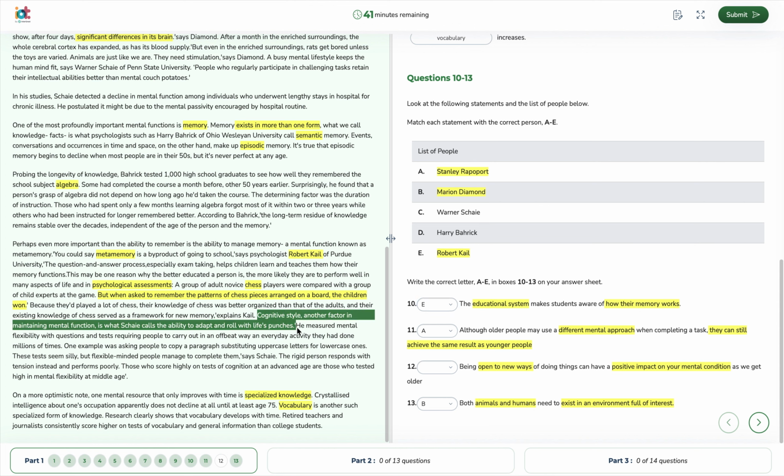See this line. He said cognitive style is another factor in maintaining mental function. He calls it the ability to adapt and roll with the life punches. So what he says is that being open to new ways has a positive impact on your mental condition, and then the rest he explained. So this answer will be C, Warner.